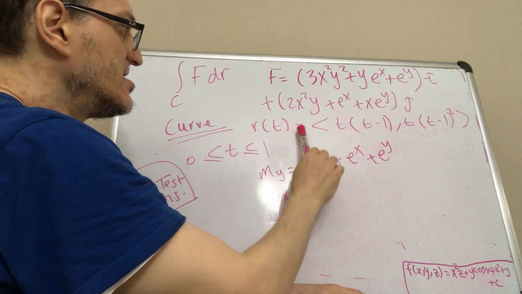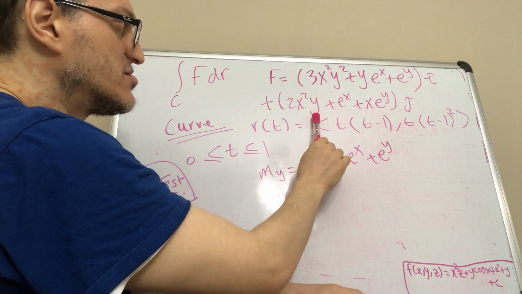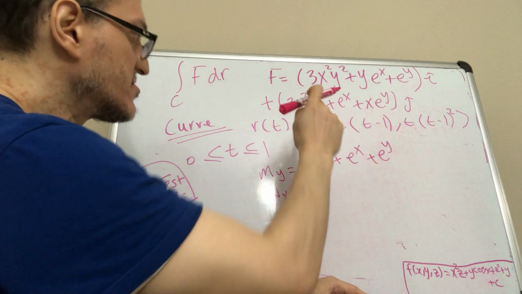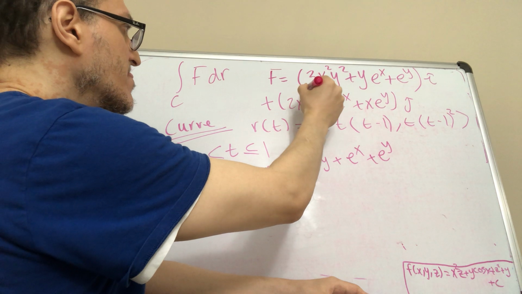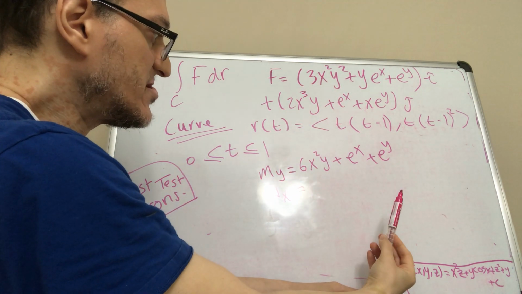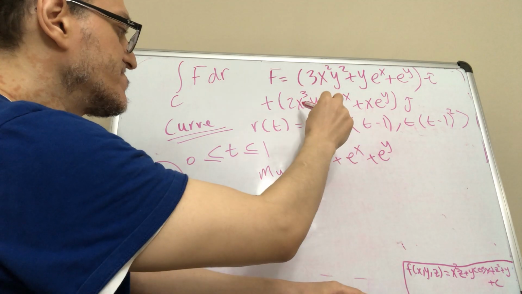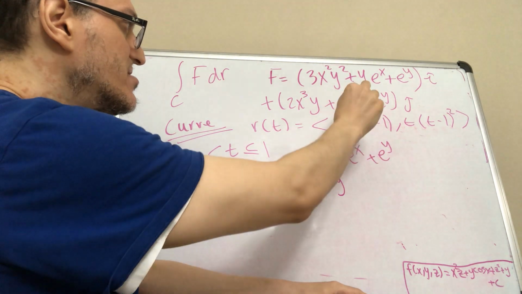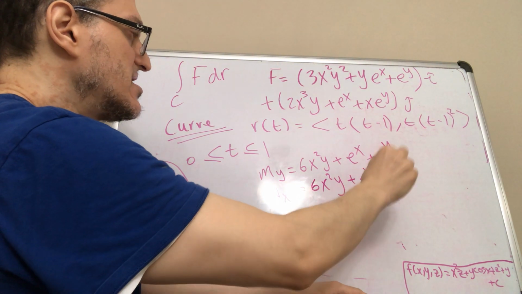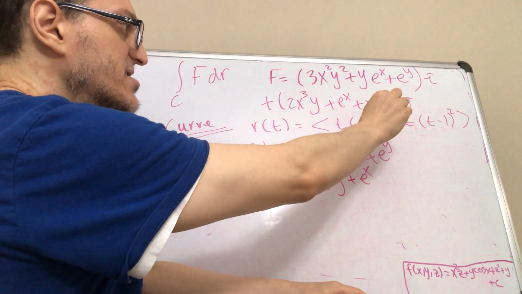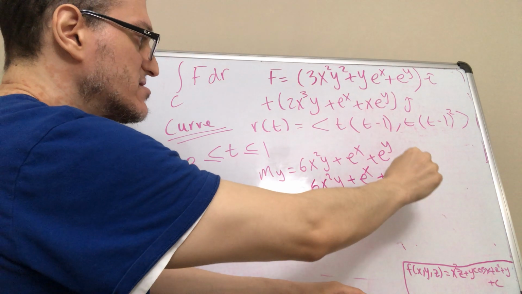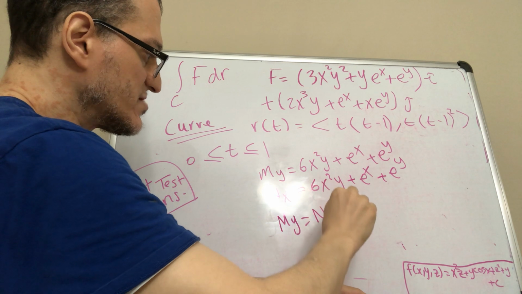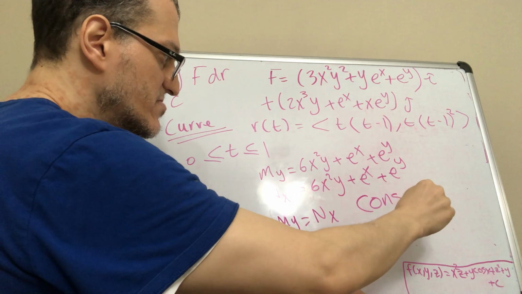Now the derivative of this one with respect to x. 3 times 2, so 6x squared y. Derivative of this with respect to x is e^x. Derivative of this with respect to x, a constant x is the constant. You'll see they're equal. It is conservative.